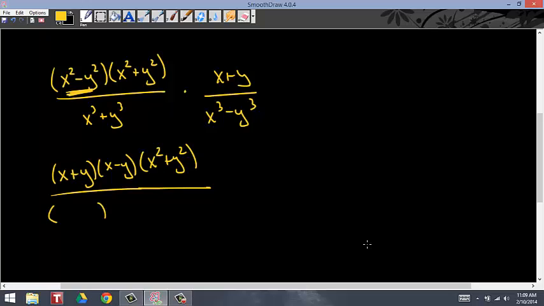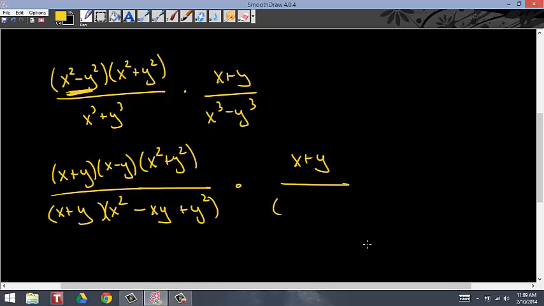The factor scenario looks kind of like that. x plus y, x squared, x, y. What are the symbols? Negative, positive. And this is x plus y over the same thing except minus, right? So x squared, x, y squared. It looks like positive, positive.